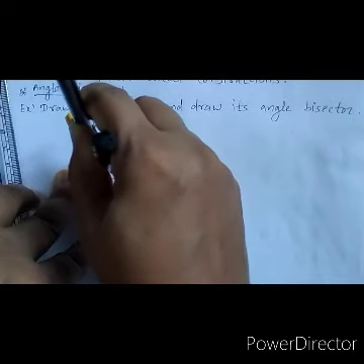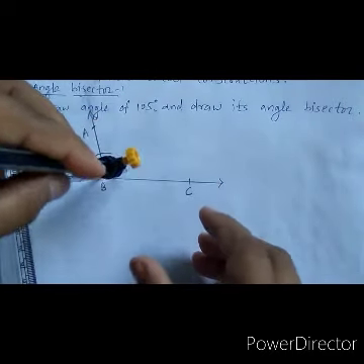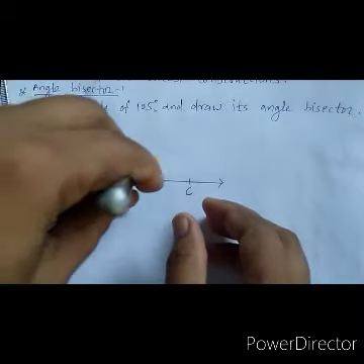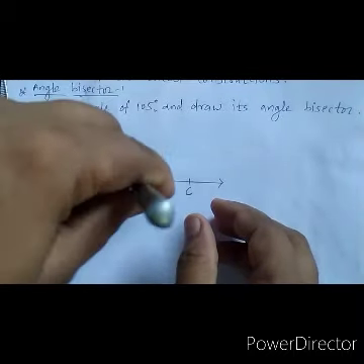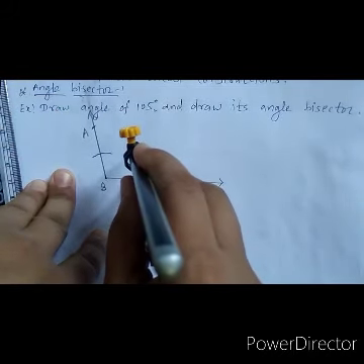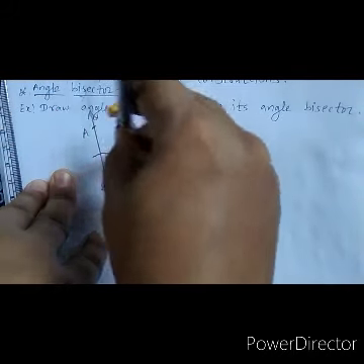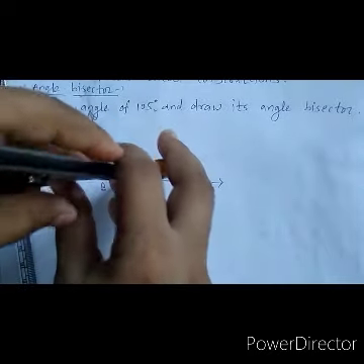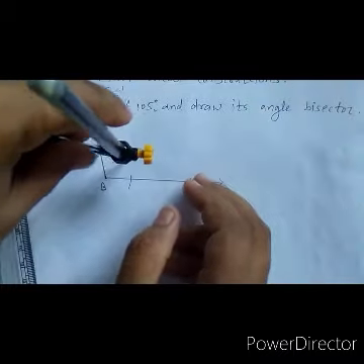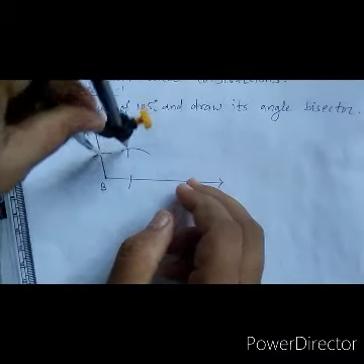So don't change this distance. We have to put it on the point B and we have to draw an arc on ray BC. Now again don't change this distance. Now put on this arc and draw an arc. Similarly here also on the ray BA and draw the arc.